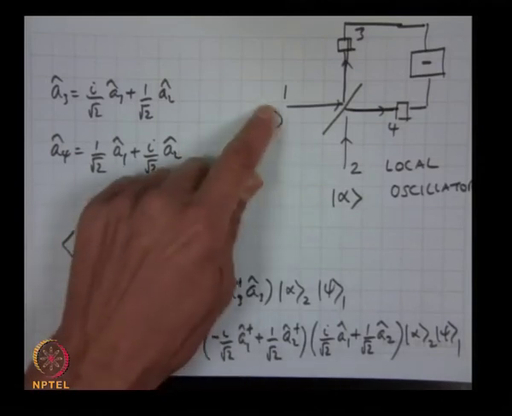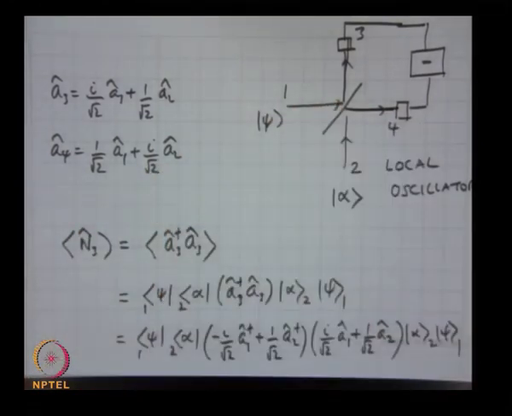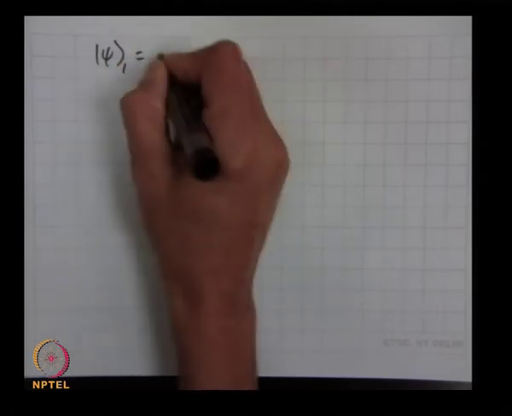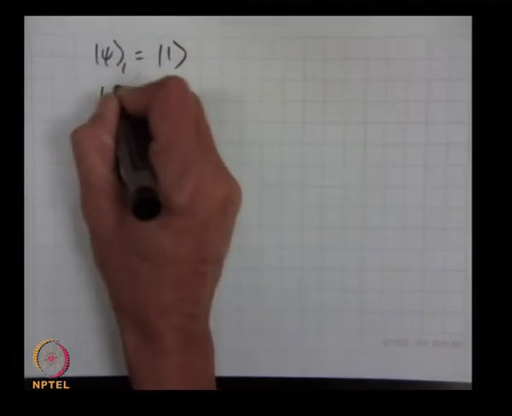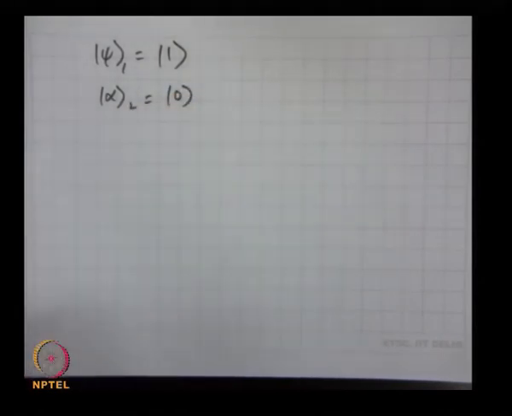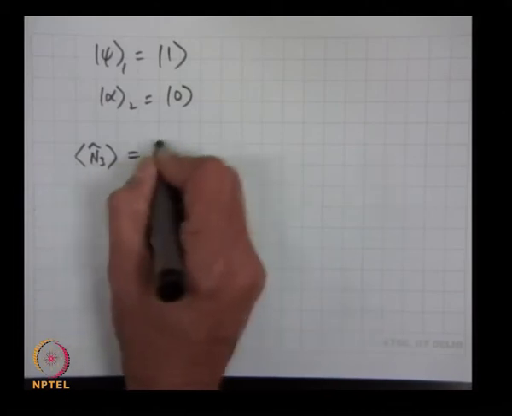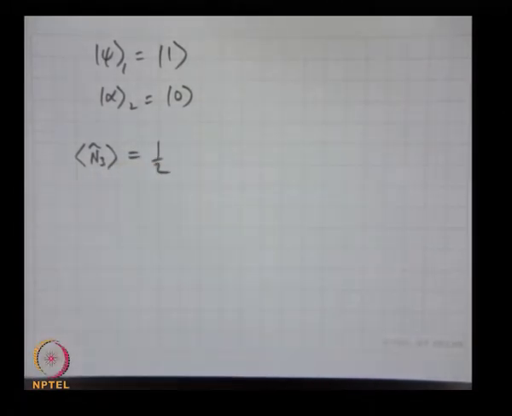Now, what do you expect this number to be? Suppose it was one photon here and no photon here. Suppose I took this example and I assumed that psi 1 is equal to 1 and alpha 2 is equal to 0, vacuum state. What would I expect this to be? One by two. Yes, half. So I leave it to you to show.